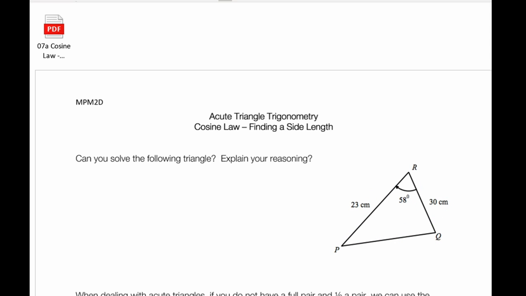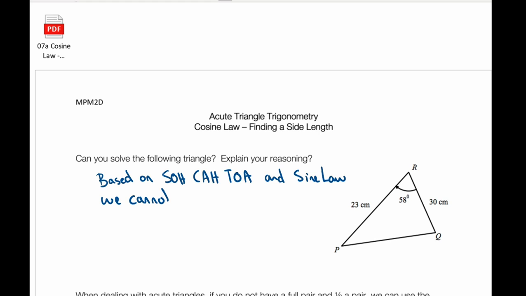So as it is right now, based on SOHCAHTOA, so our right angle trig, and sine law, we cannot solve this triangle.